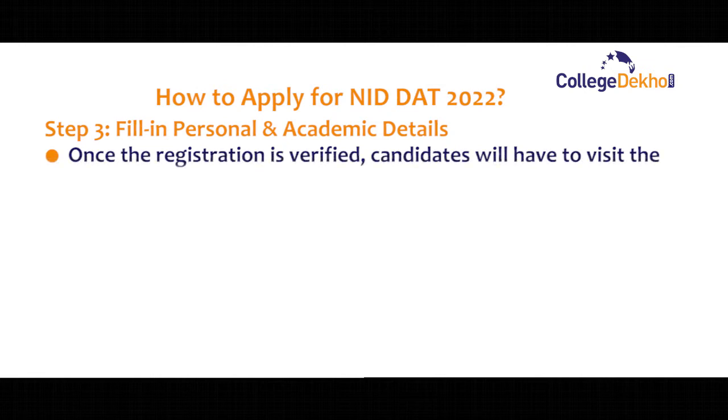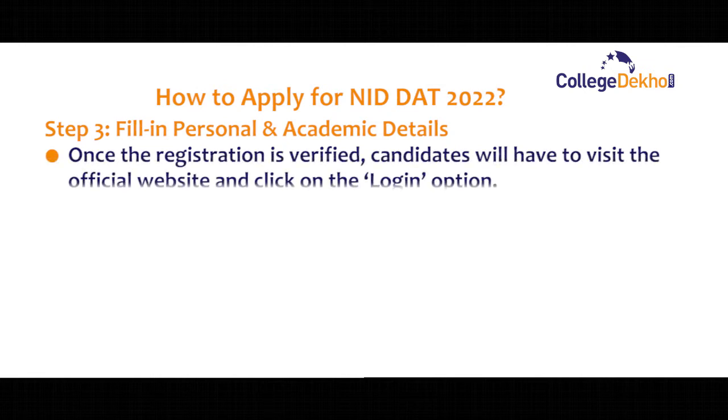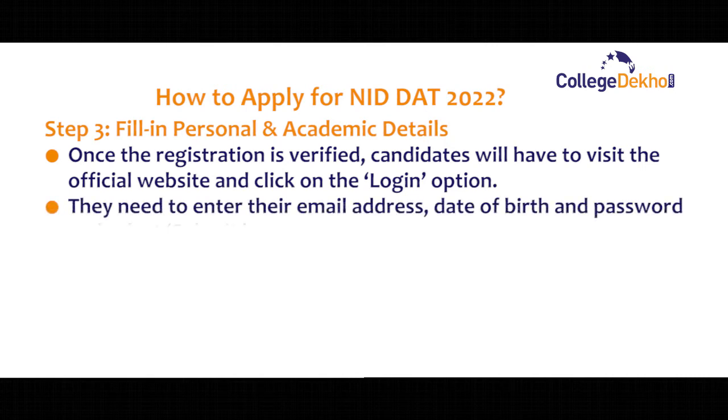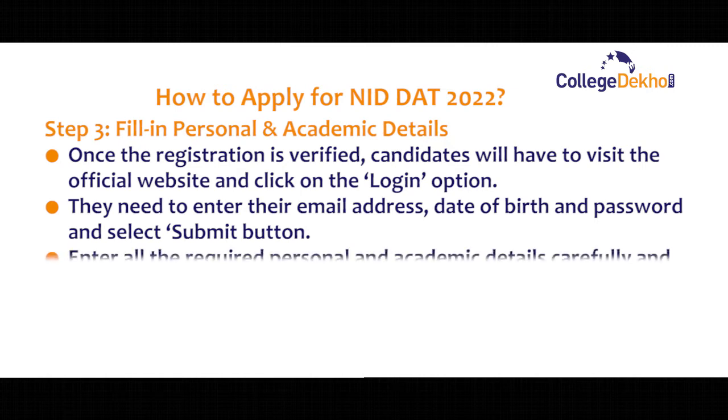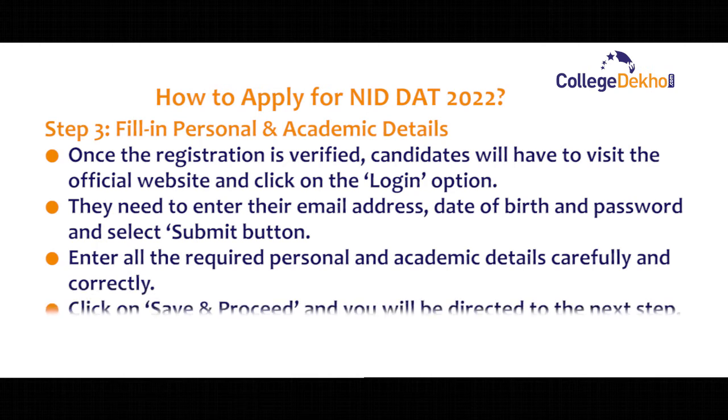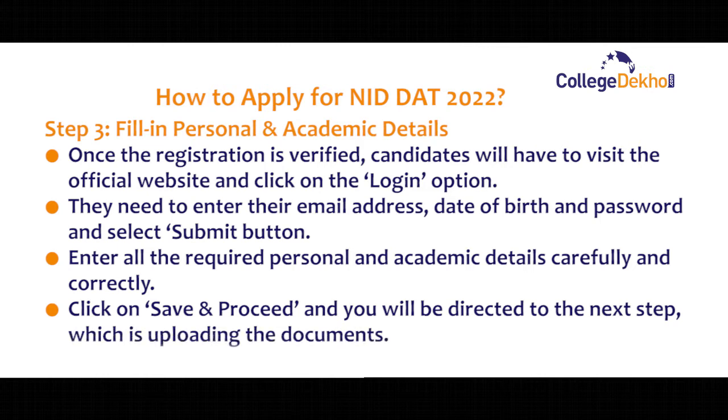Once the registration is verified, candidates will have to visit the official website again and click on the login option. They need to enter their email address, date of birth and password and select the submit button. Enter all the required personal and academic details carefully and correctly. Click on save and proceed and you will be directed to the next step, which is uploading the document.